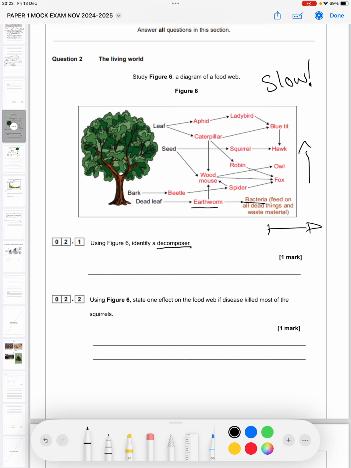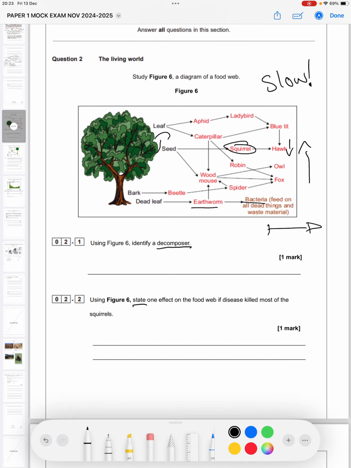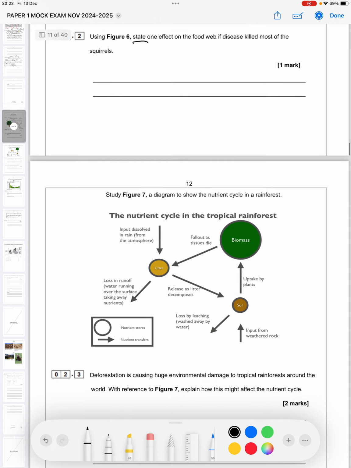What we can see here is the squirrels are here. So if the amount of squirrels went down, the amount of seed would go up. You could say the amount of hawks could go down because they've got less food to consume. So there you go. Just state, you don't have to describe, just state what would happen. So the amount of hawks would go down.